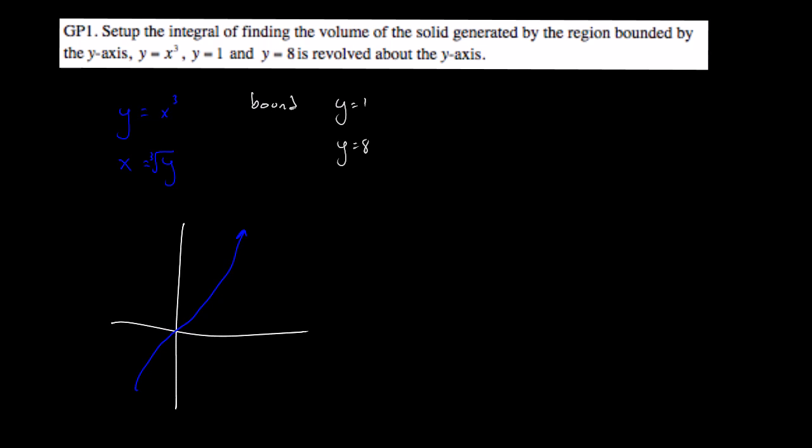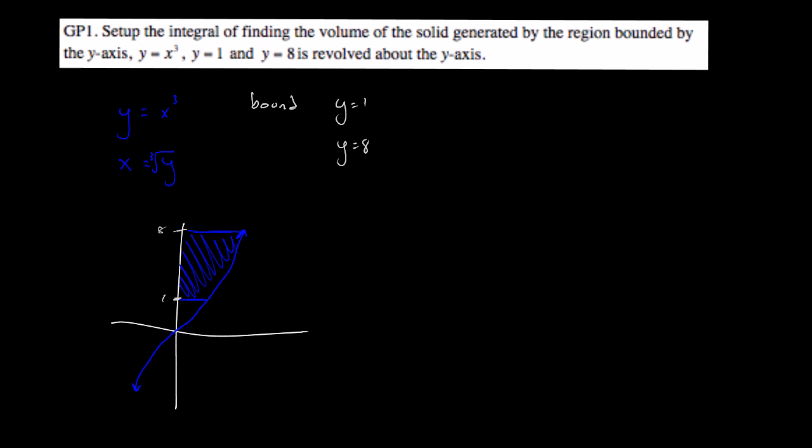The cube root of y looks like this, and we have our bounds from 1 to 8. This is 8 up here, this is 1. If we finish drawing our shape, we're bounded by this line and by this line, so this is the whole shape we're dealing with.